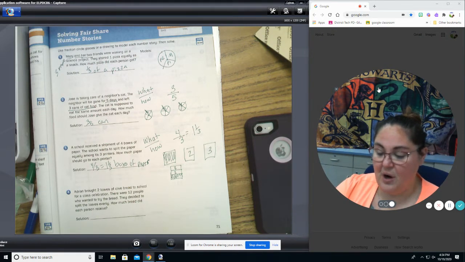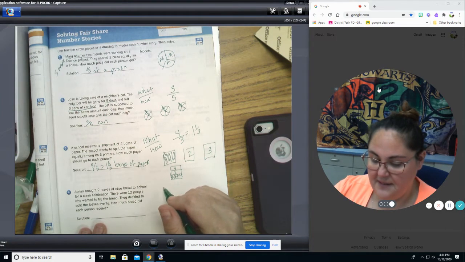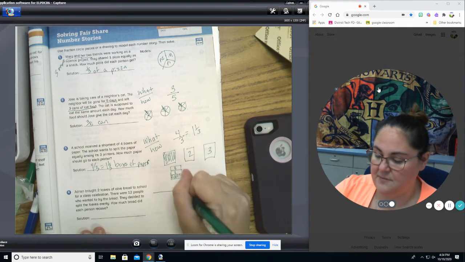Adrian brought 2 loaves of olive bread to school for the class celebration. 12 people wanted to buy the bread. They decided to split the loaves evenly. How much bread did each person receive? So here's my loaf of bread.